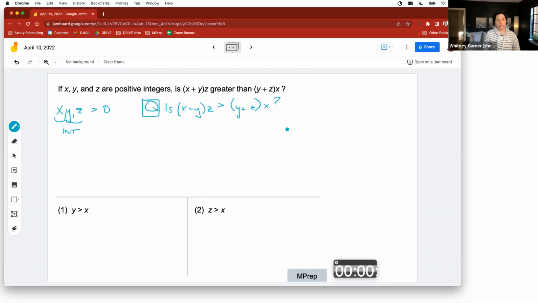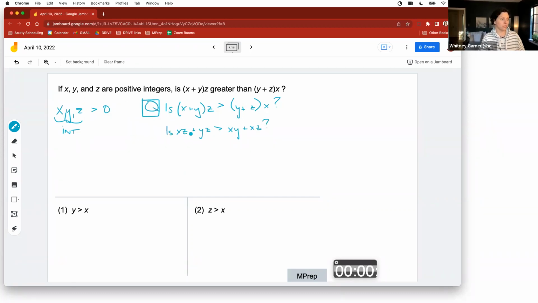Now, in order to solve this, if it were an equation, the first thing I do is simplify by multiplying through. Let's see what happens when I distribute. So just keep imagining if I were trying to simplify this expression. So is XZ plus YZ greater than XY plus XZ? I try to keep things alphabetical.